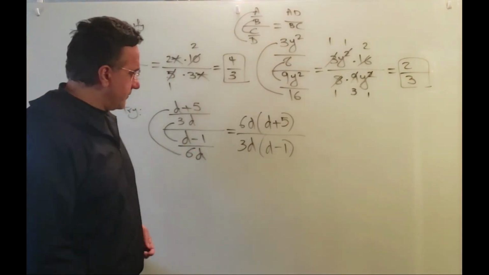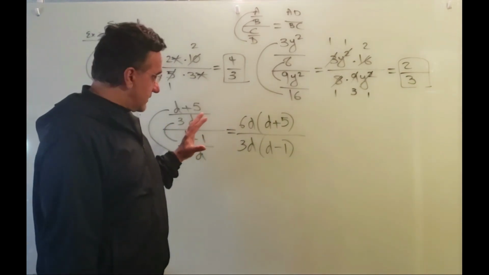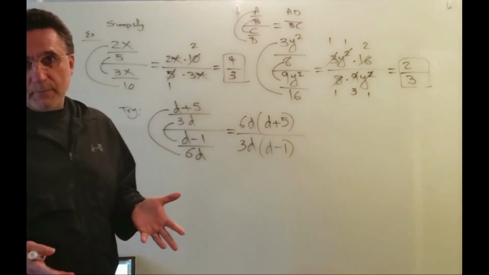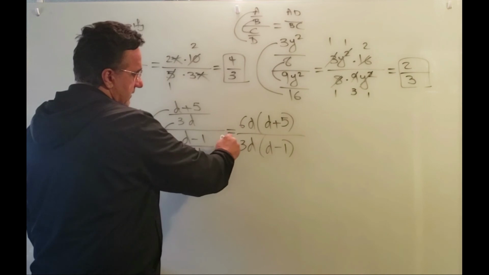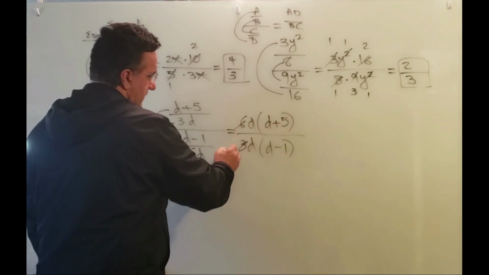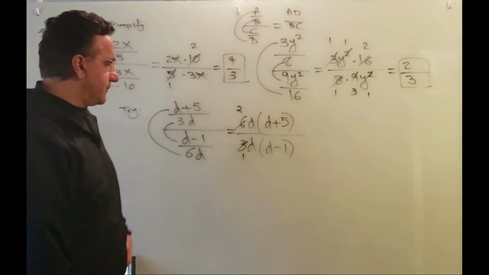So now, as usual, we'll go ahead and try to cross cancel any possible items that we can. And we notice that 6 and 3 have a common factor of 3, which leaves us 2 on the top, 1 on the bottom.